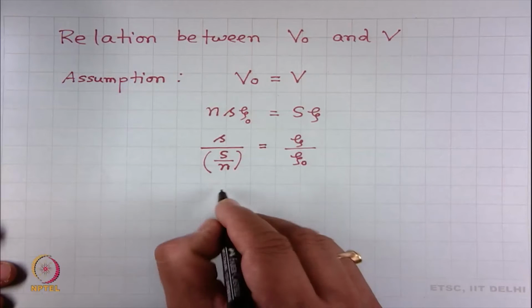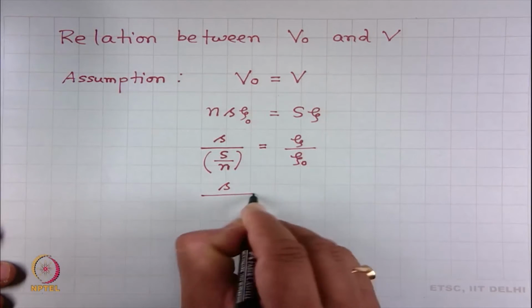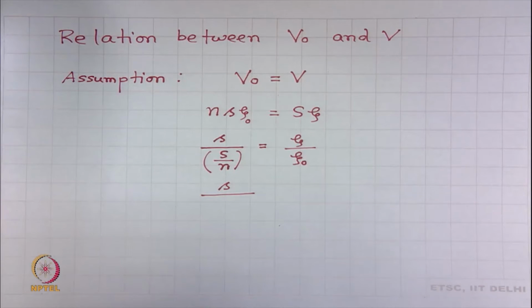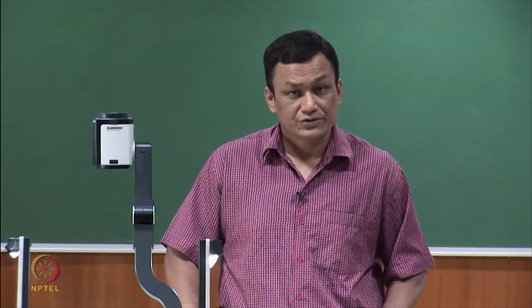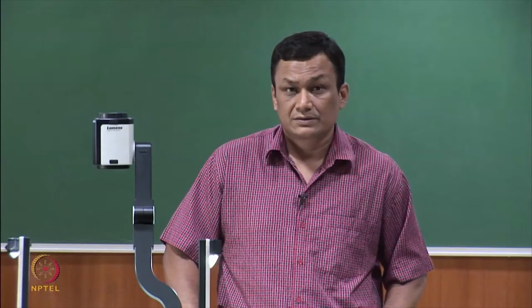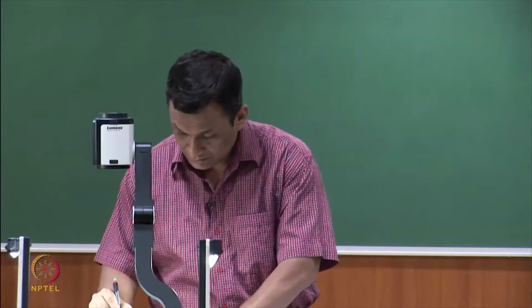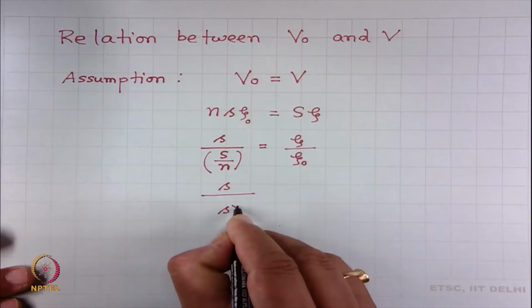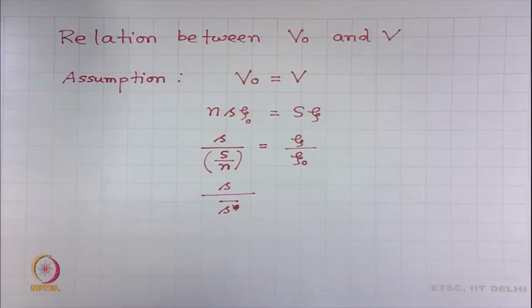And what is capital S by N? Total substance cross section area of the yarn divided by number of fibers, that is equal to mean sectional area of fiber. You remember in module 2 we discussed about that.